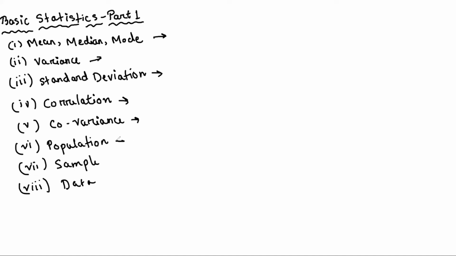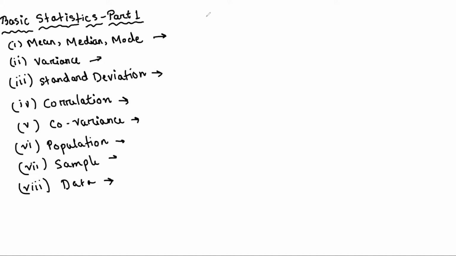What is population? What are samples? And what actually is the data that we are dealing with? In my previous videos, I have talked about data, and data plays a crucial role in model building. So what is data, and what are the types of data? We'll understand today in this class.